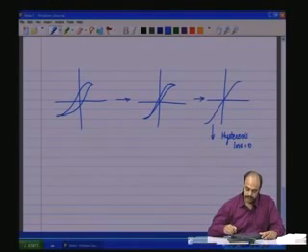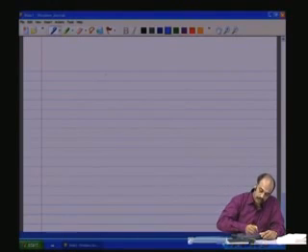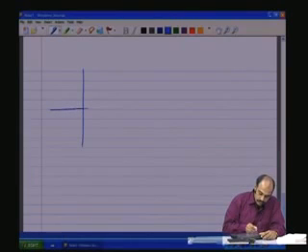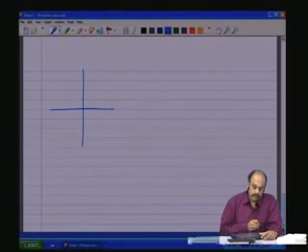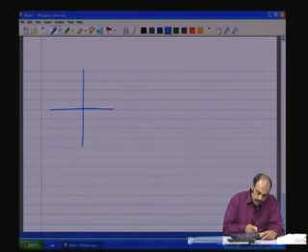And then we also need to look at the slope of this.